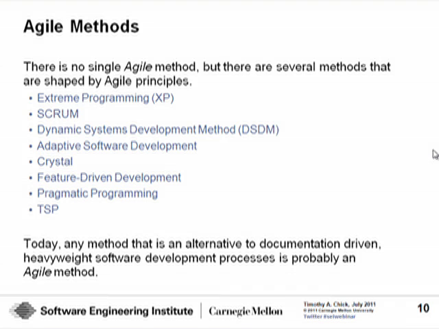So really today, any method that is an alternative to document-driven, heavyweight software development processes is probably an Agile method. Some are probably more Agile than others, but they still hold true to the spirit of the manifesto and hopefully agree with the majority of the principles.